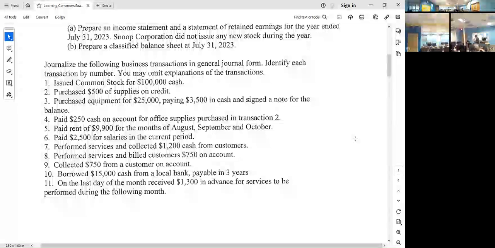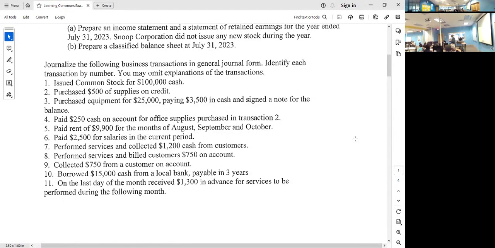If someone gives you money to do something and you haven't done it, what account are you gonna use? Deferred, there you go, perfect. That's revenue recognition.